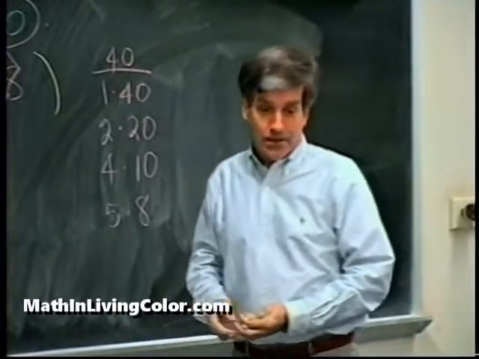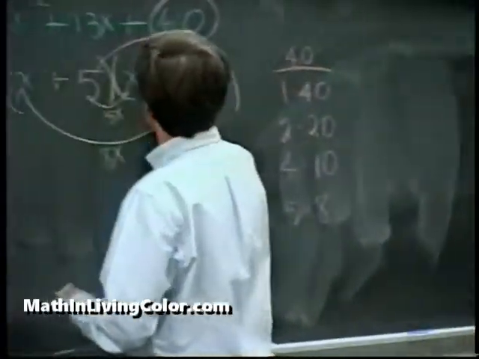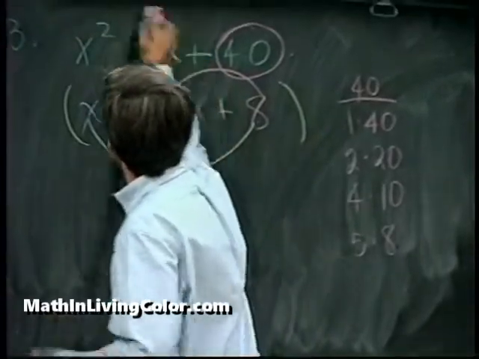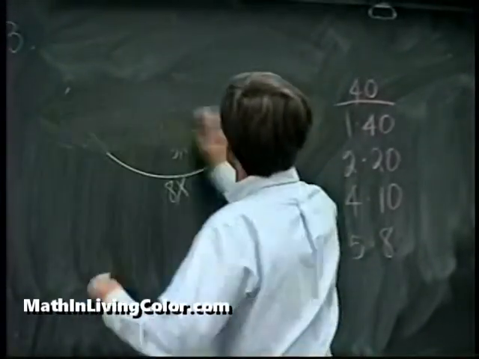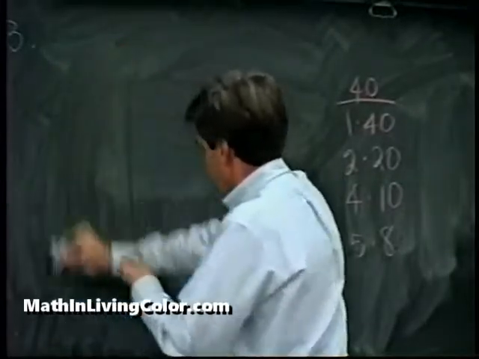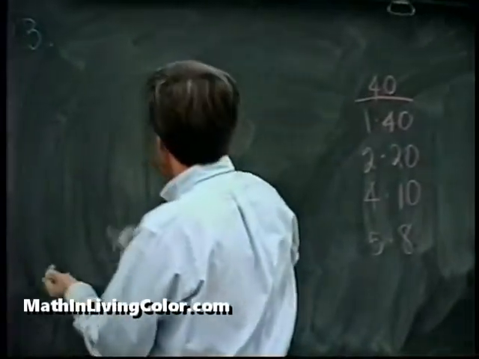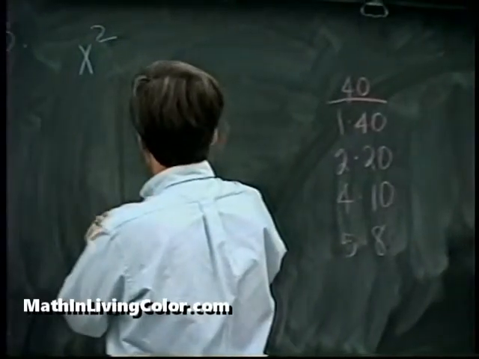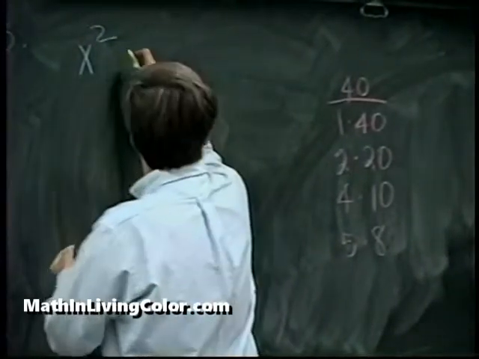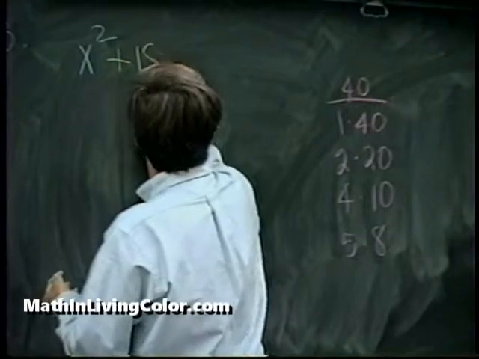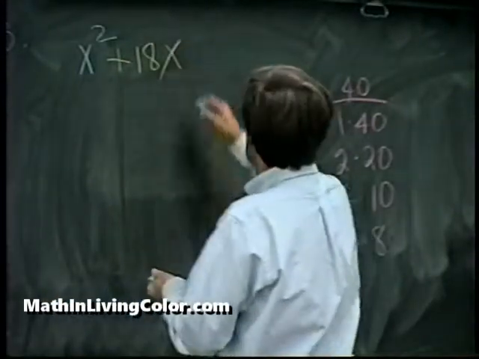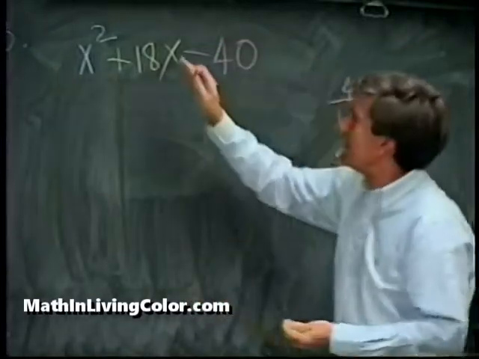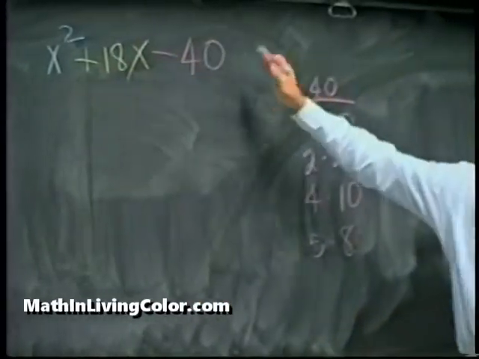All right? Now, suppose I change this problem to a negative. Let me start over with a new problem using 40. What if I told you the problem is x squared plus 18x minus 40?